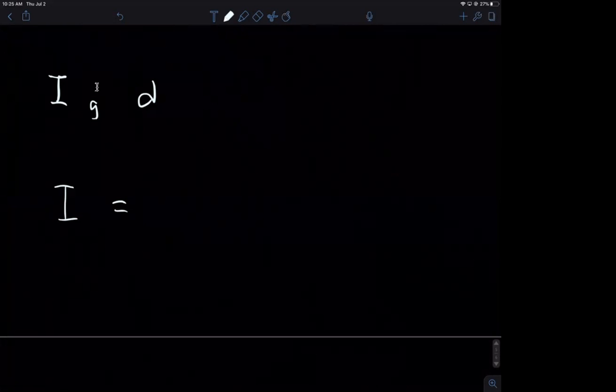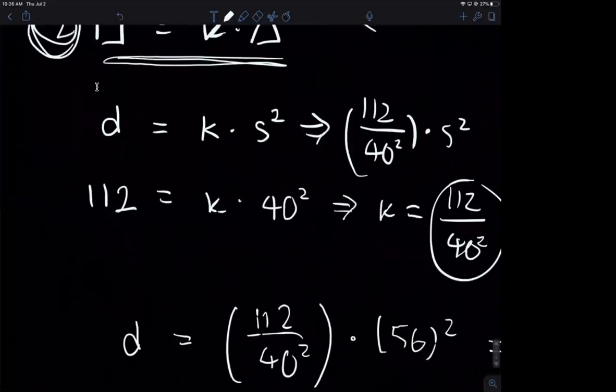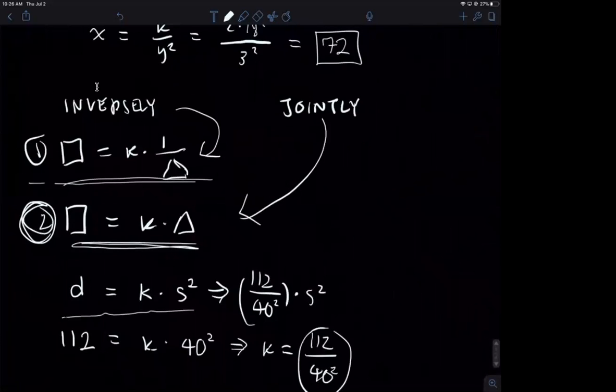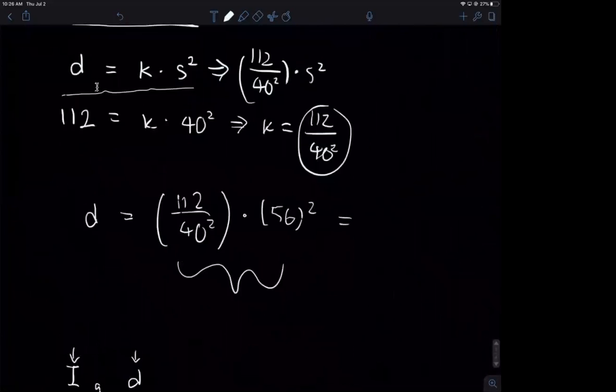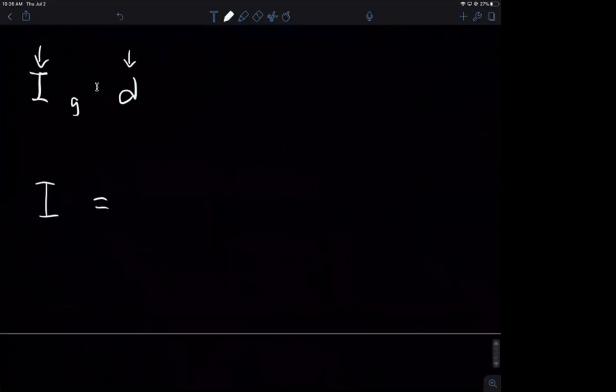Okay, so we said that I was going to be intensity, right? And then distance would be d. Oh, that would mean 8,000. Uh-huh. But first let's try writing out the general formula, like we did before with d equals ks squared, and the others, because we need to write out the general equation first so we know what we're doing.